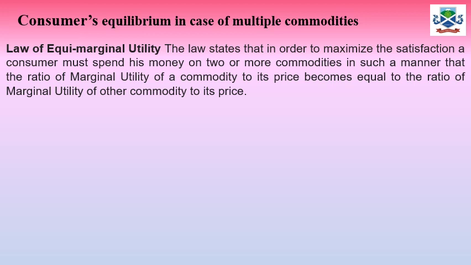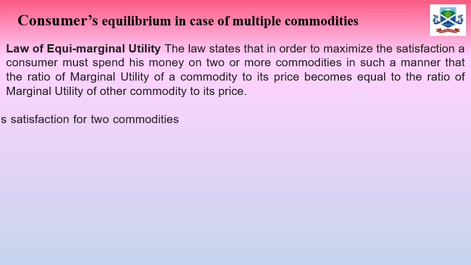That is, the marginal utility derived from good X, in ratio to its price, must be equal to the marginal utility derived from another commodity, say good Y, in ratio to its price.